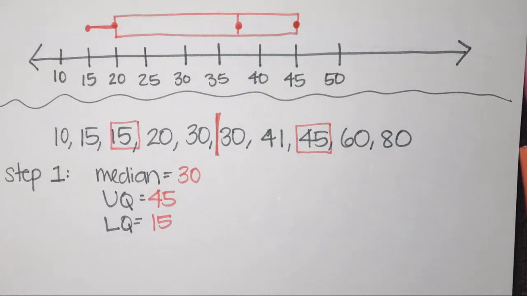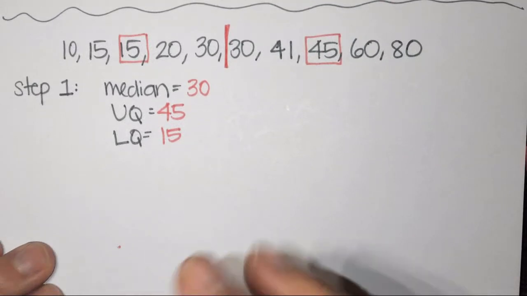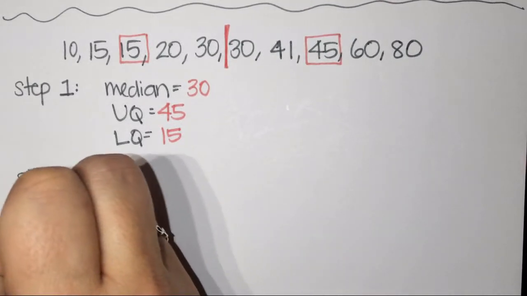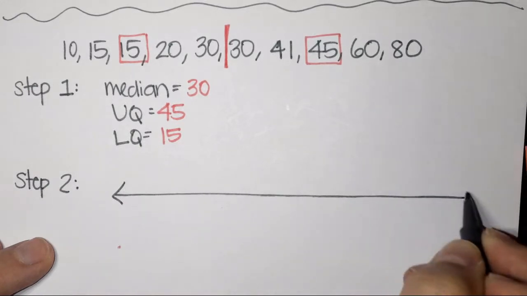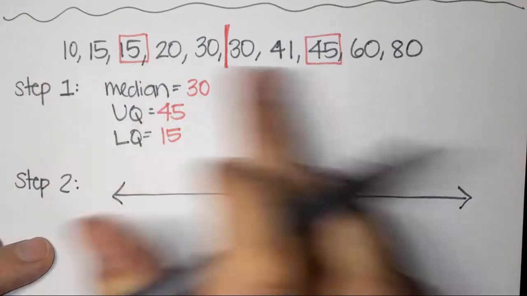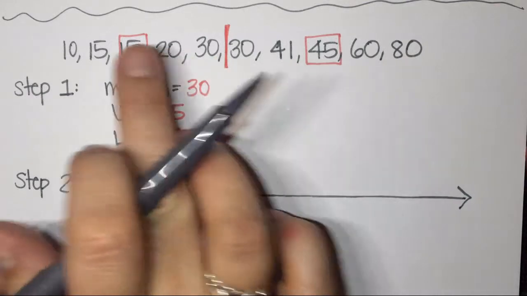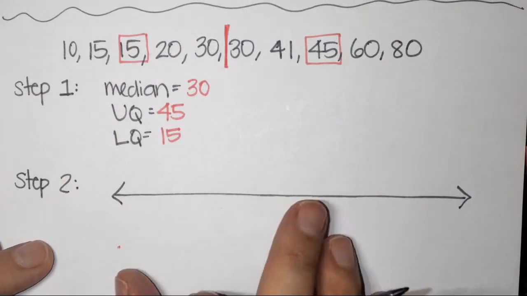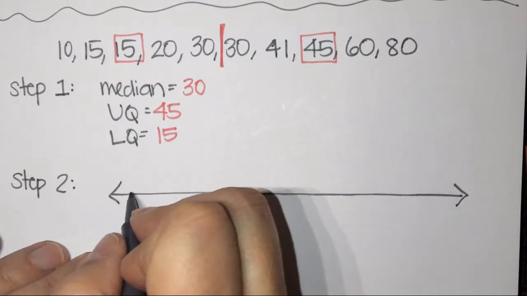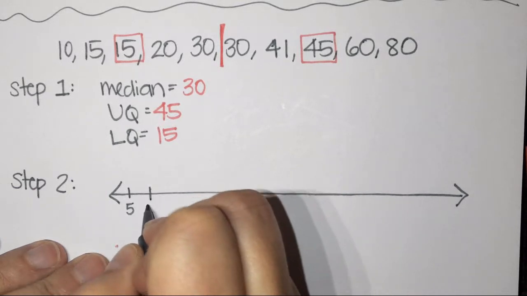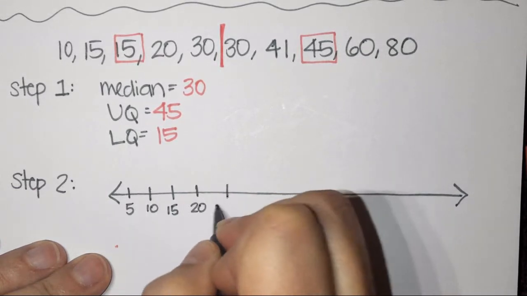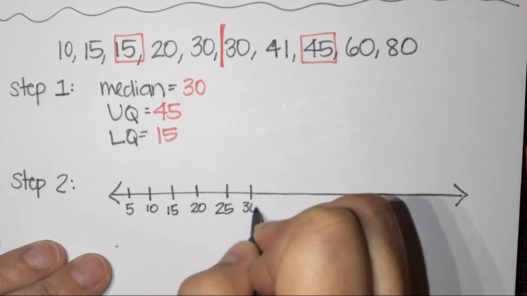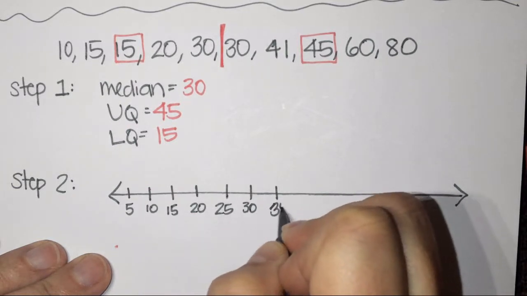So now that we have those 3 numbers, we'll slide up just a little bit. Step 2 is we are going to make our number line. I'm going from 10 to 80. I've got some 5s in there. I'm going to count by 5s, I think. So I'm going to start with 5, 10, and again, guys, I'm not looking for perfection on a number line. 35.